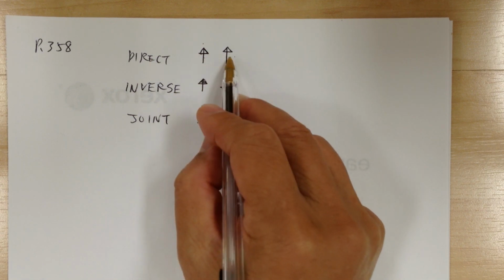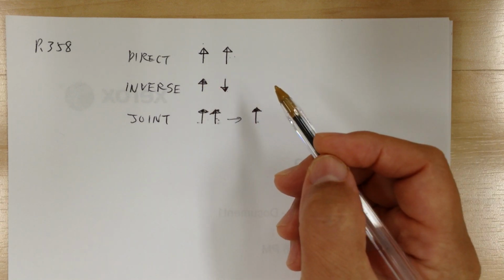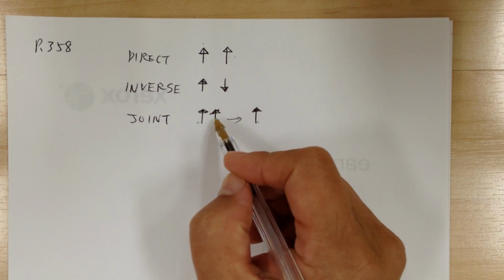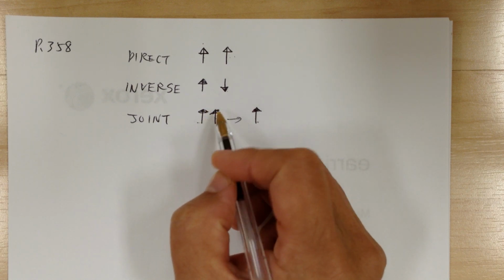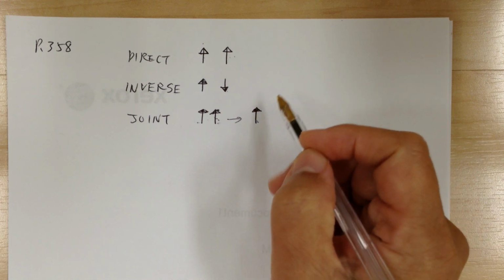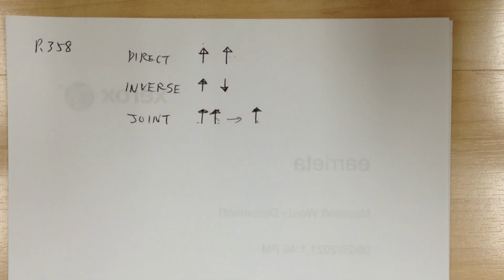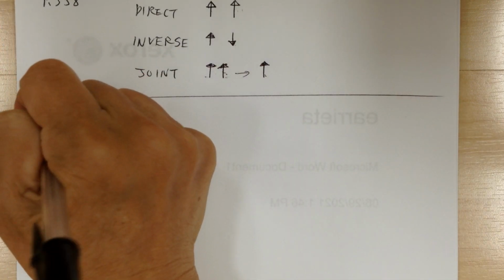One goes up, the other one goes up. One goes up, the other one goes down, and vice versa. Again, joint variation means you have multiple factors, multiple causes, making one go up or down. Other than that, the steps are all the same. So let's go with some examples.